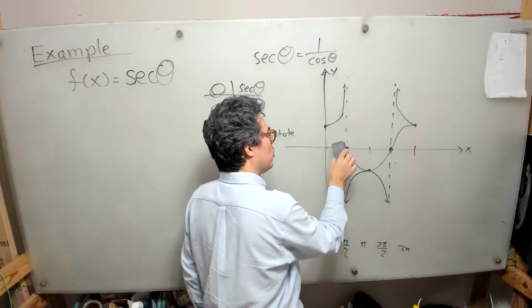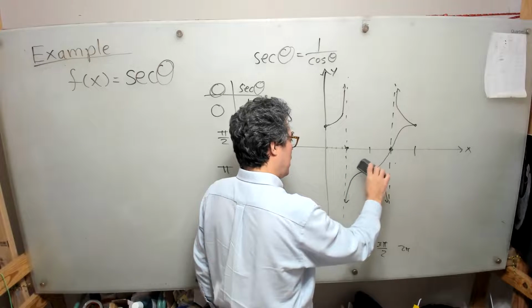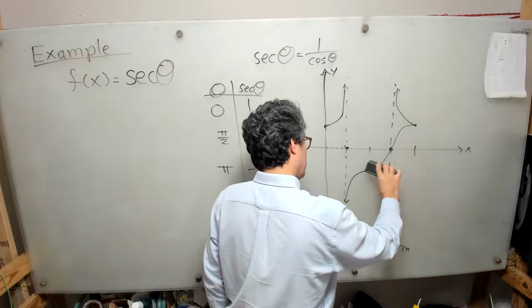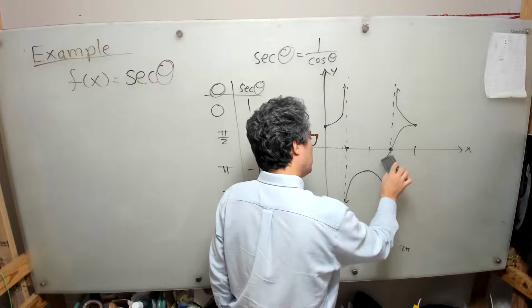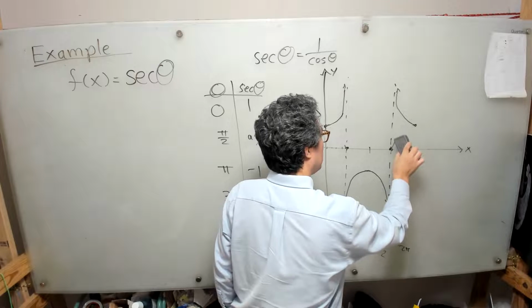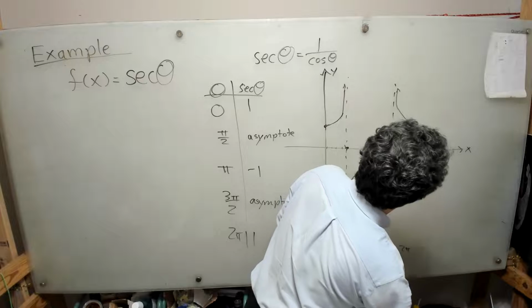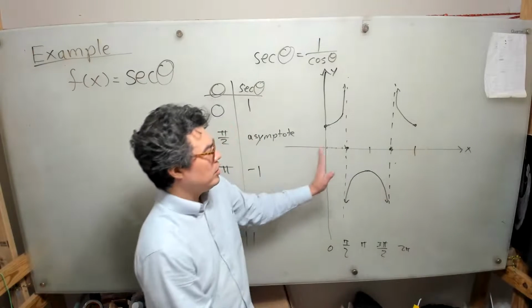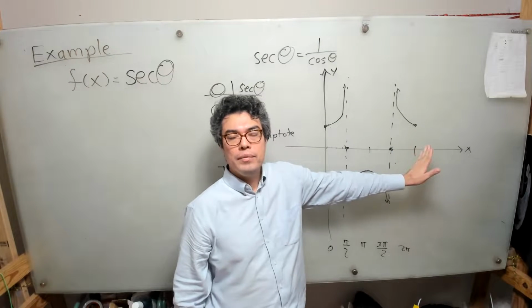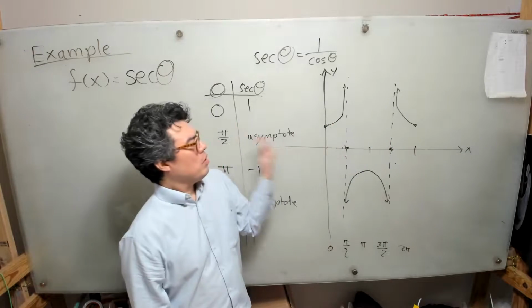We put it there to draw our graph of our secant, and then we delete it once the graph of our secant is drawn, right? So now we're left with one period of the secant. And again, because we know that that was one complete period of the cosine, we know that this pattern is going to continue that way and is going to continue this way.